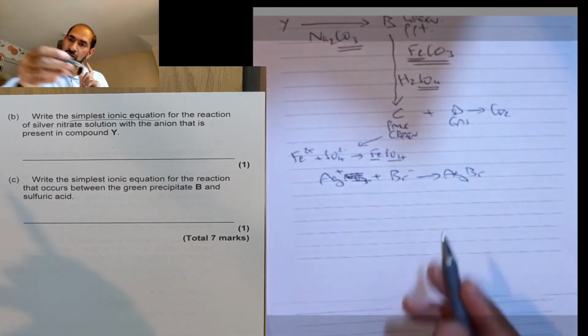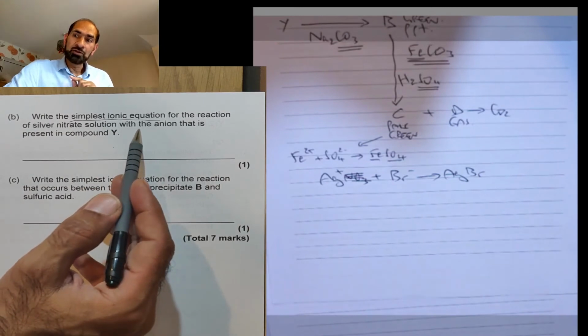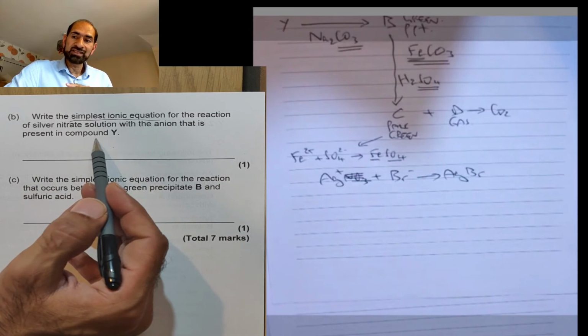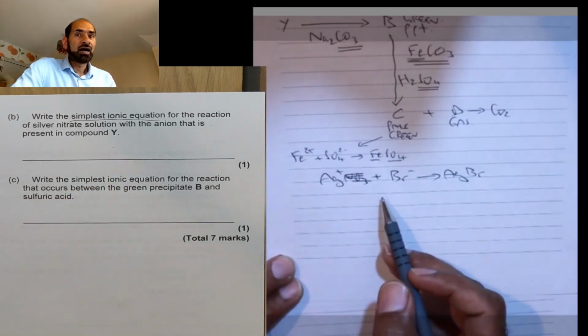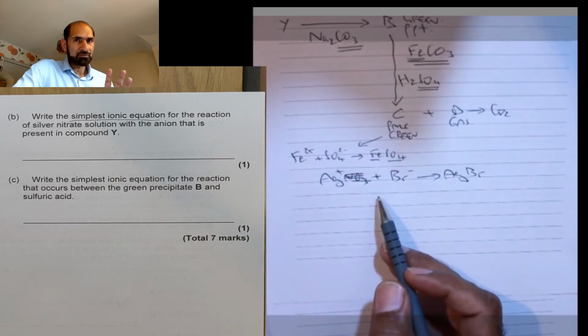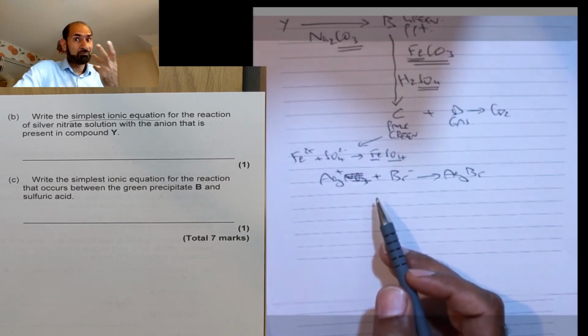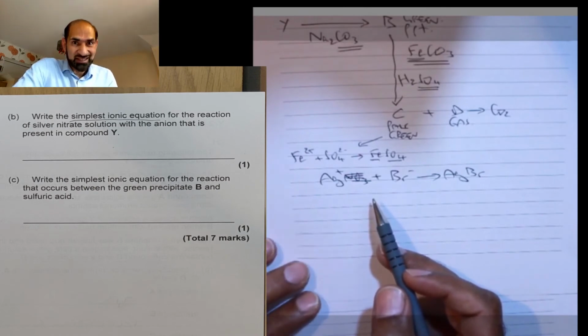Now, I'm just looking to see, have they said to put the state symbols? They've not said to use or include the state symbols. In this case, I can leave out the state symbols, although being a proper chemist and trying to impress the examiner, I would put the state symbols.